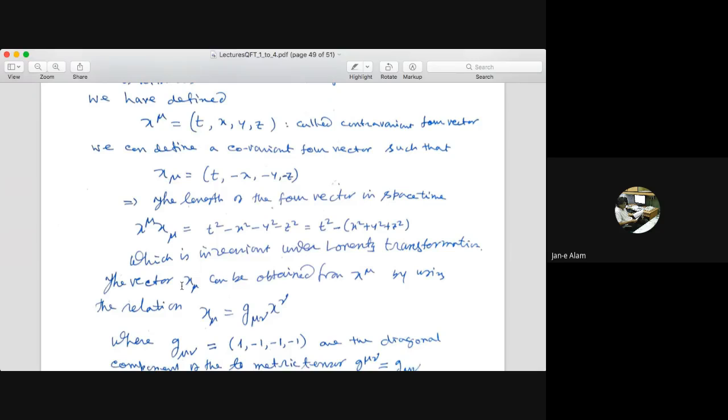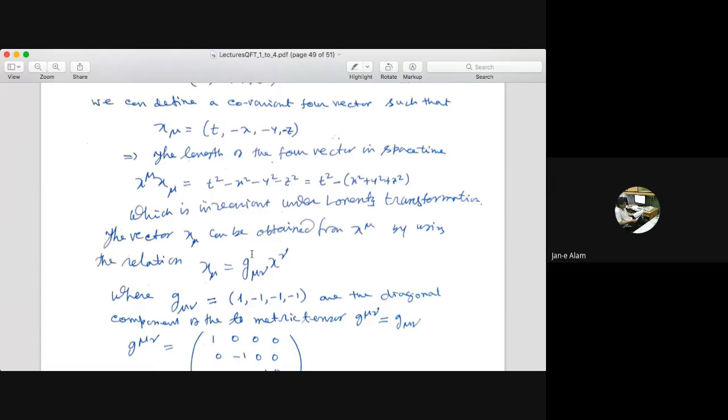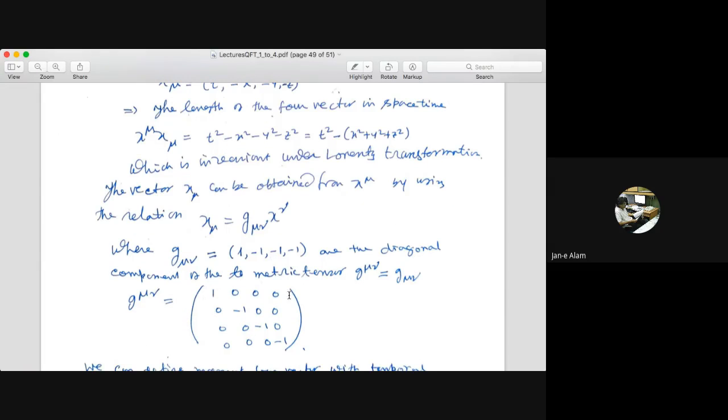Now this covariant vector x mu, I can get from the contravariant vector x nu by multiplying it by a tensor g mu nu, which is called the Minkowski tensor or metric tensor. This is actually a 4 by 4 matrix with only the diagonal components non-zero. The time component is 1 and all the spatial components are -1.